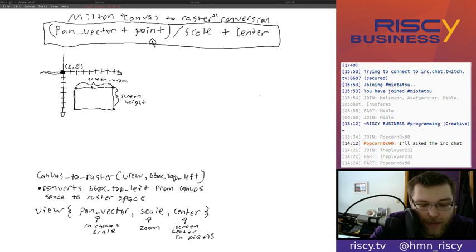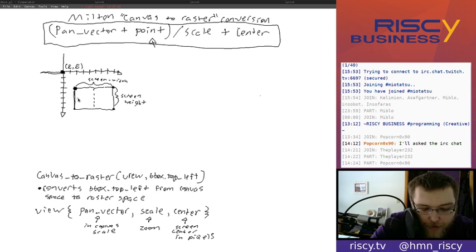But rather than representing them with a width and a height, we're representing them by the center, because we know this point right here is 0, 0 in raster space, right?